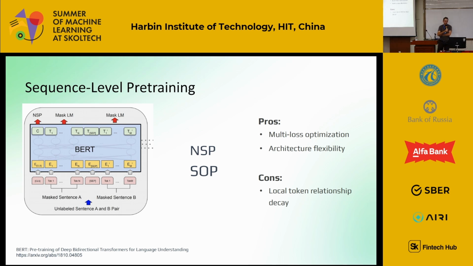We can split our sequence into small parts, and we ask the model to predict whether these two parts are from one sequence and are provided in the correct order.